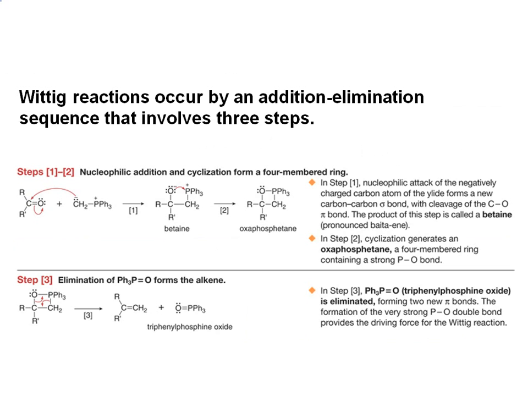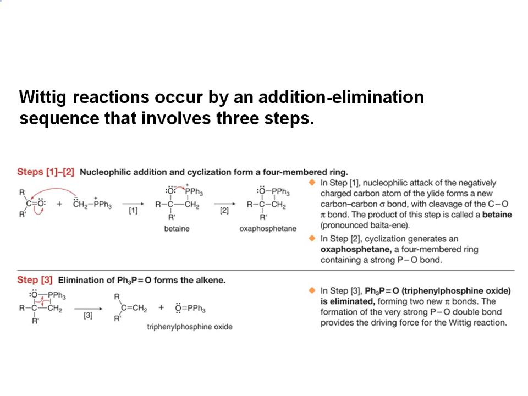So, as mentioned, the carbanion reacts with the carbonyl carbon, and that forms a structure called a betaine. The betaine has a negatively charged oxygen and a positively charged phosphorus. Phosphorus is very oxophilic. Phosphorus and oxygen like to bind to each other. If you leave triphenylphosphine, for instance, out in the air, it will slowly form triphenylphosphine oxide.